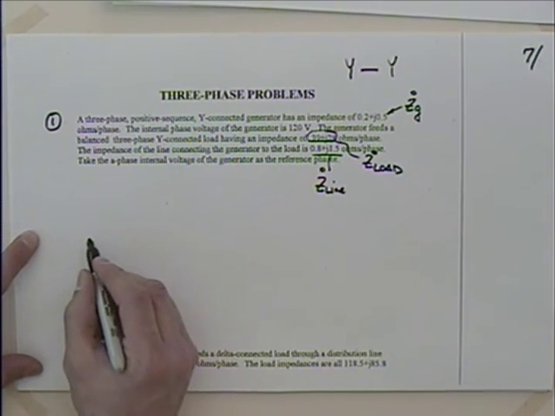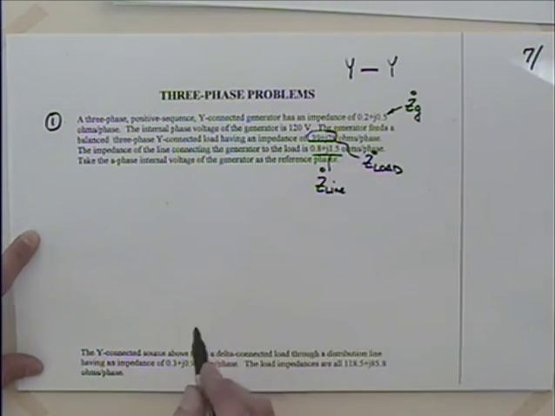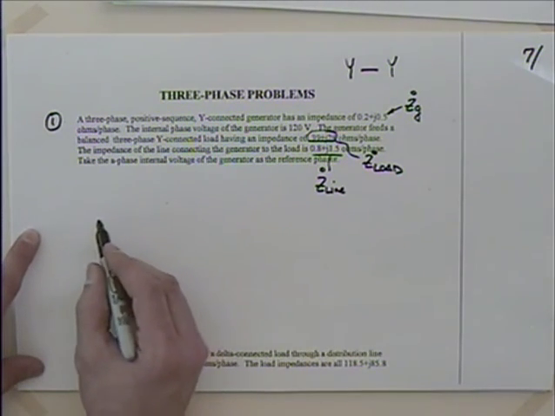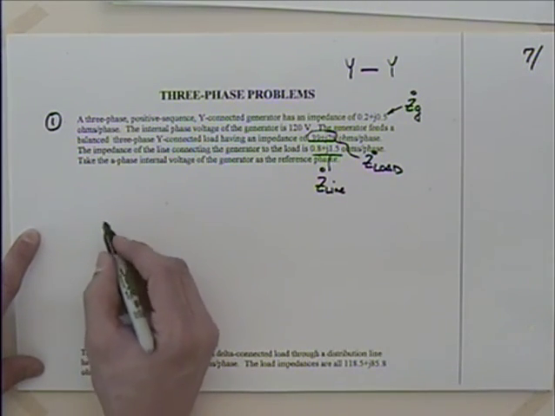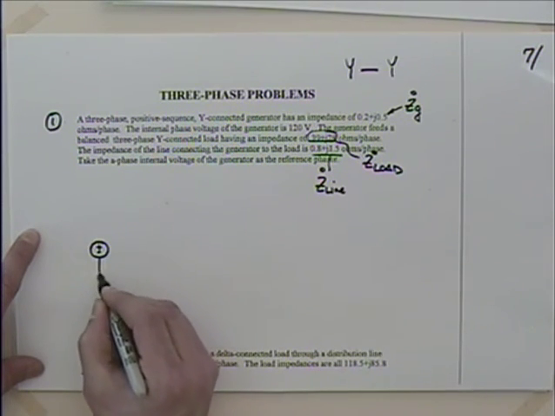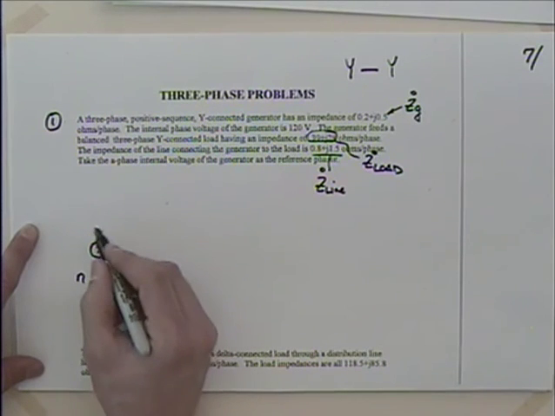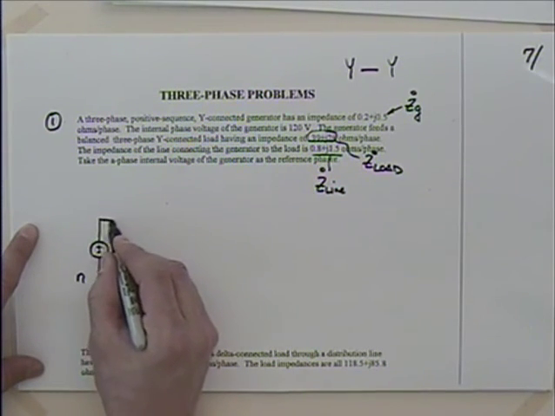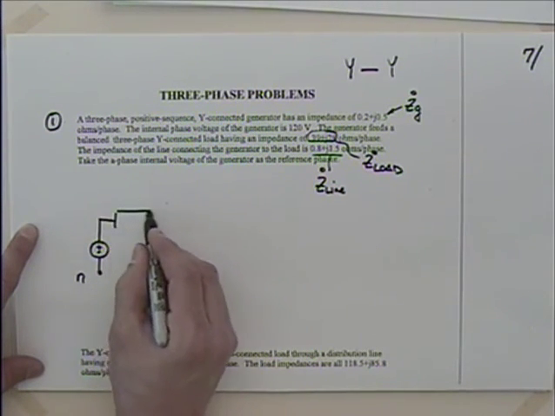I'm going to draw the single-phase equivalent circuit. I could spend time drawing the YY, but we really only need 1/3 of it. So I'll look at the A phase, and we have a source there, don't we? Down to this neutral. And then I'm going to have some generator impedance.